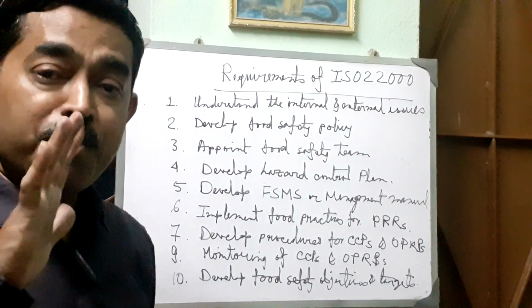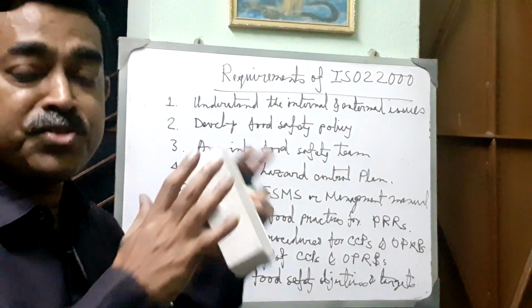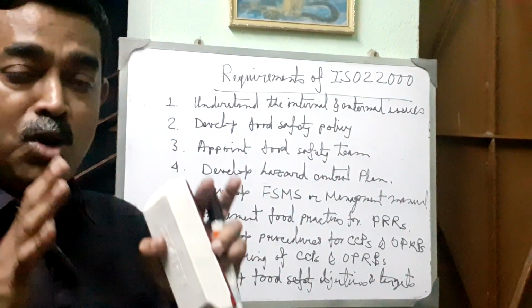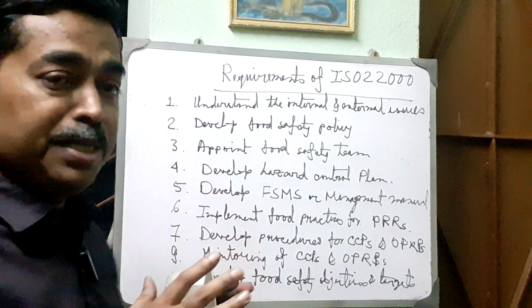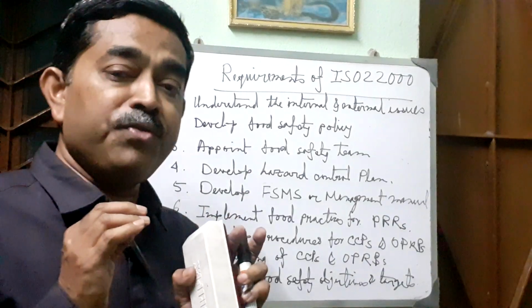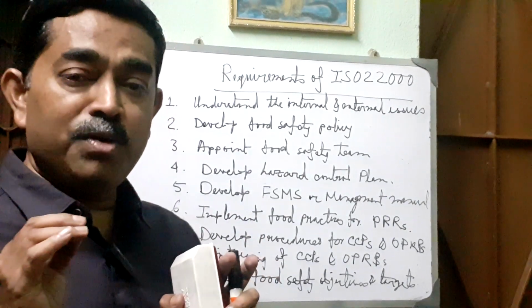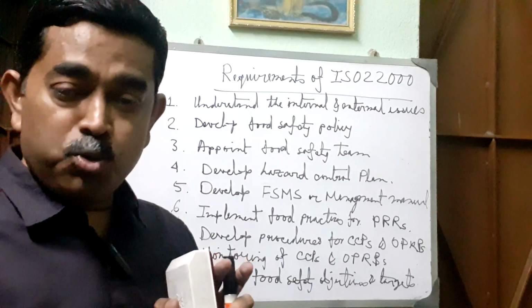Before your operation, like any processing such as pasteurization or sterilization, there will be some OPRPs, operational prerequisite programs. Mainly these are all the filters in your line before and after processing.